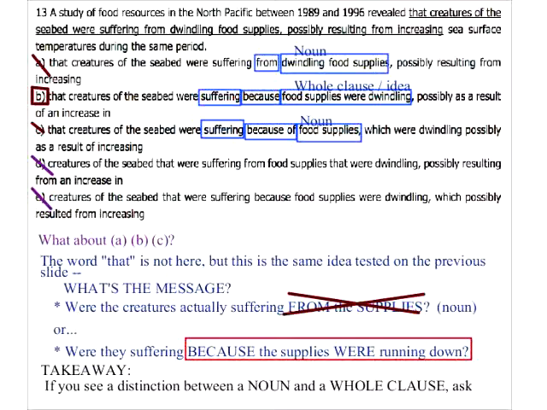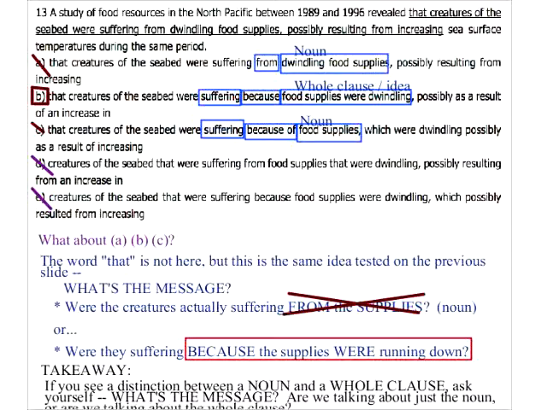Are we talking about just the noun, or are we talking about the whole clause? It's not a difference that you can memorize. You have to understand what the sentence is talking about. So ask yourself, what's the message? Are we talking about the noun, or the whole clause?